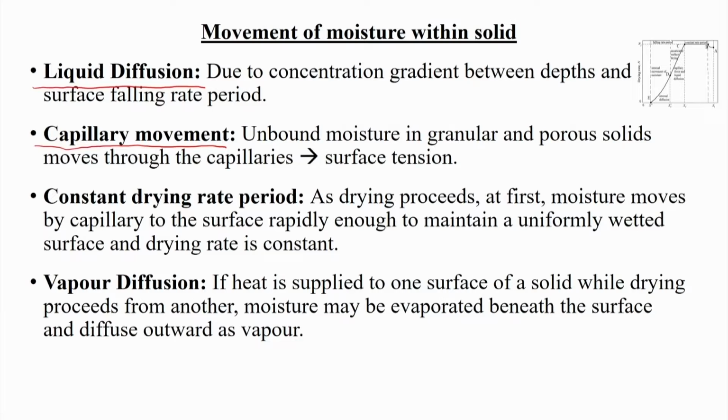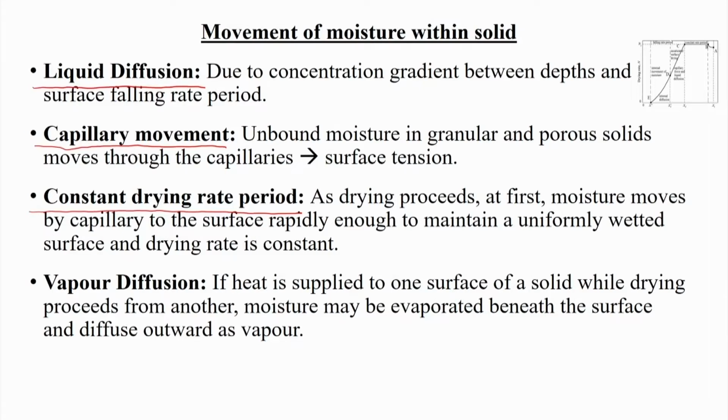Then whenever we discuss the constant drying rate period, we will discuss it in detail as well. As drying proceeds, at first the moisture moves by capillary action to the surface rapidly enough to maintain a uniformly wetted surface, and the drying rate remains constant.